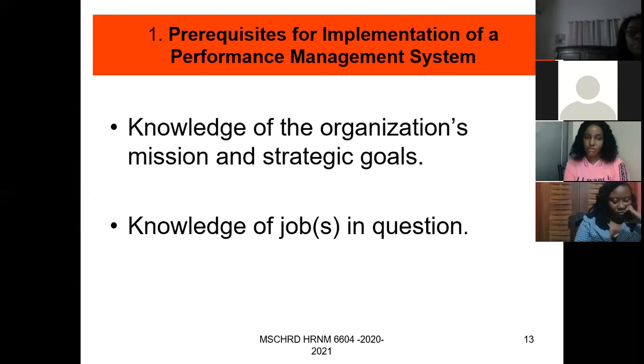One of the important prerequisites also, and you can tie this back to Mrs. Lewis when you go back to class again, is that we also ask whether, depending on the size of the organization, a job analysis has been done. Because the job analysis helps you to understand the duties and the job description.